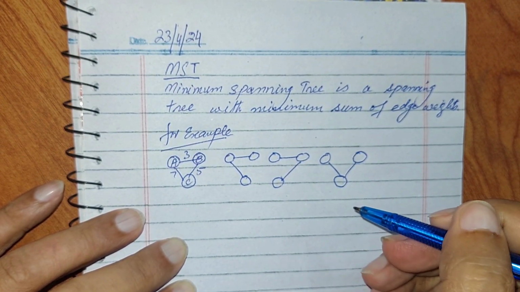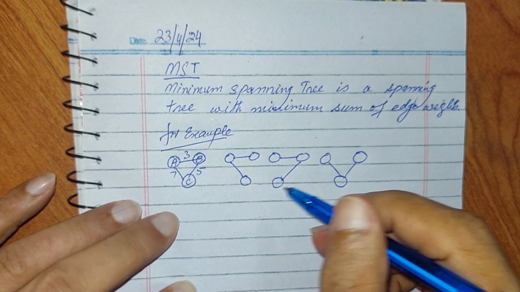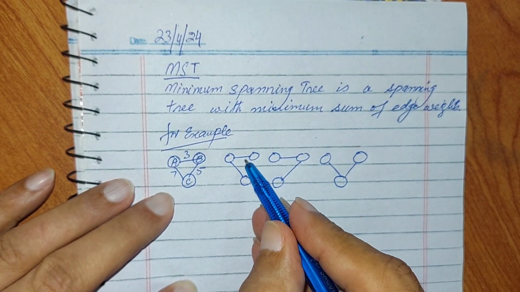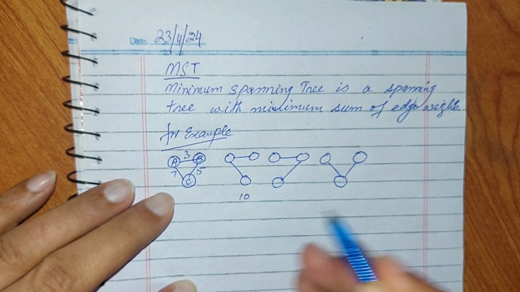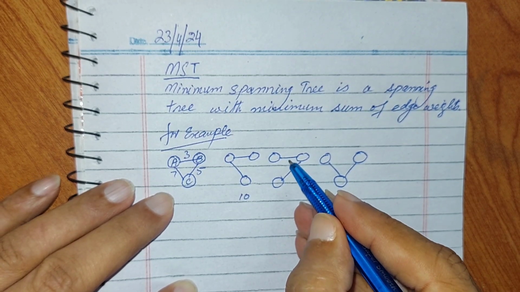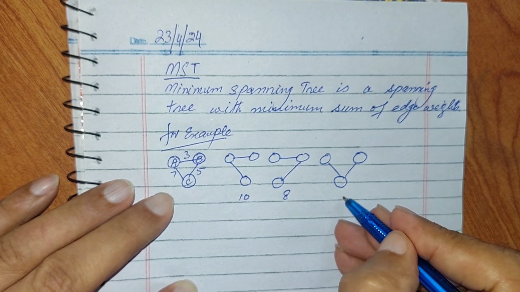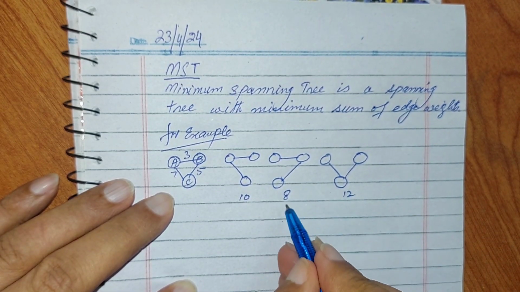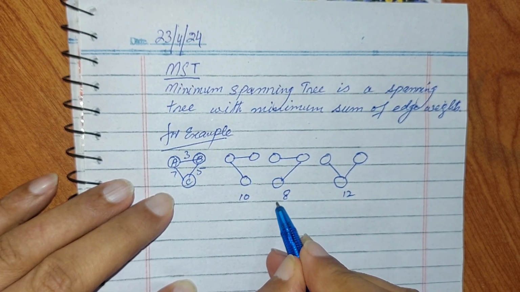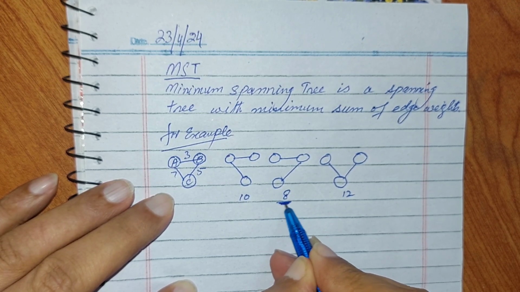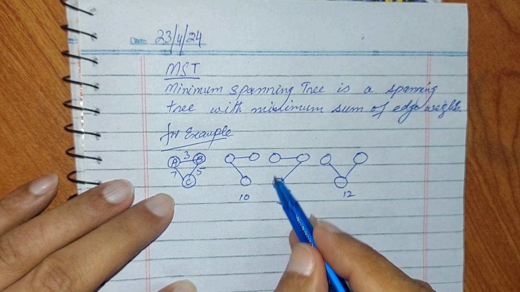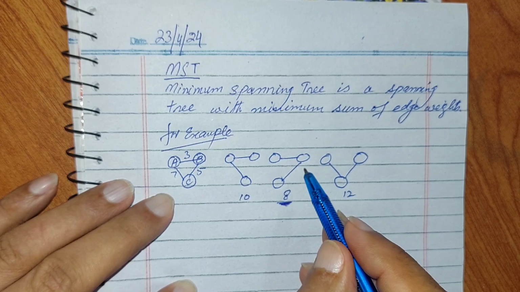So these are all the possible spanning trees. So the cost of this spanning tree is 10, the cost of this one is 8, and the cost of this one is 12. So here we can say that the minimum cost is 8. So this is our minimum spanning tree.